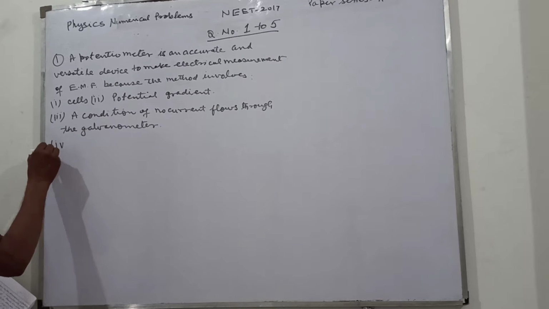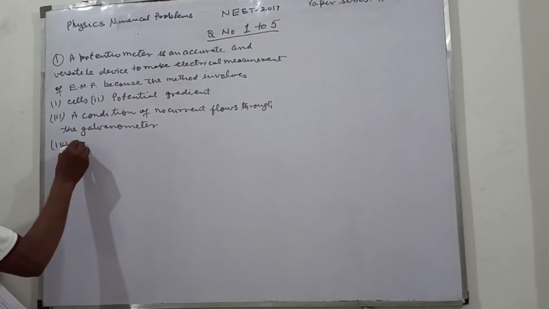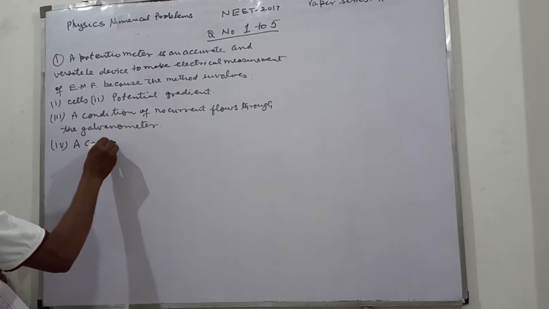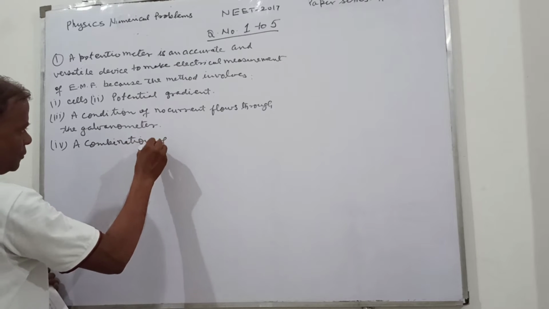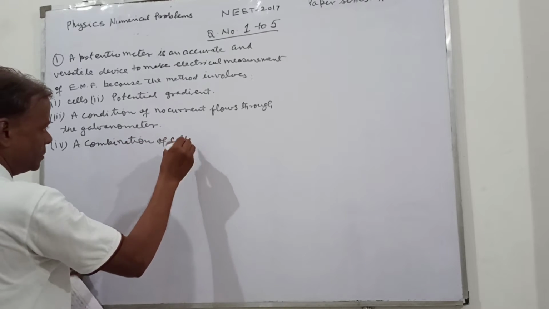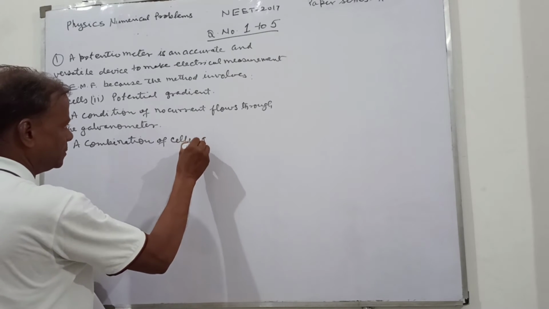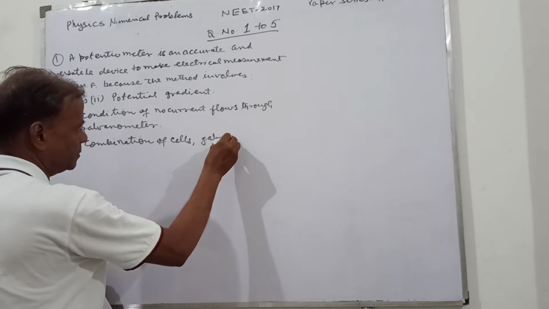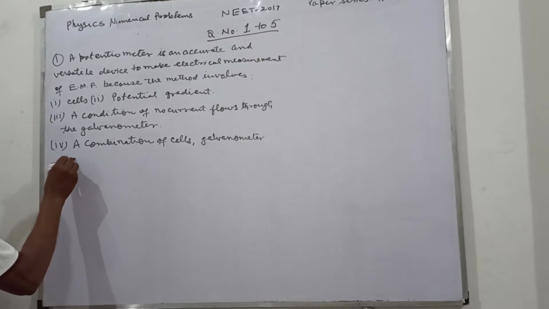And now fourth is a combination of cells, galvanometer, and resistance.